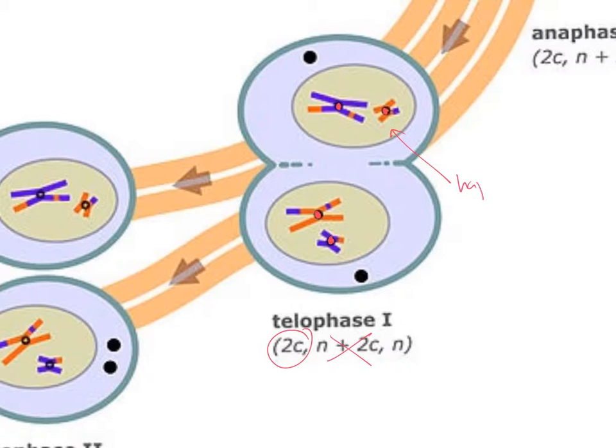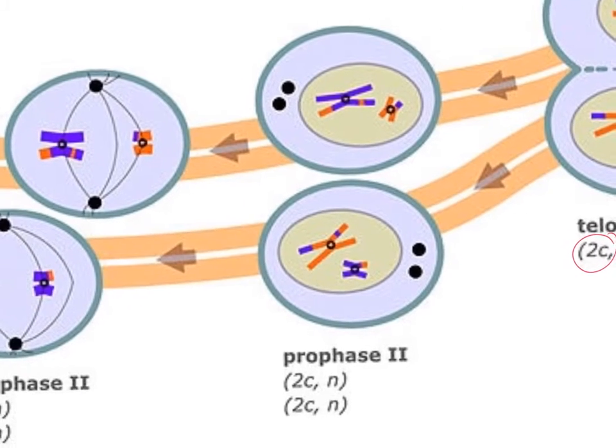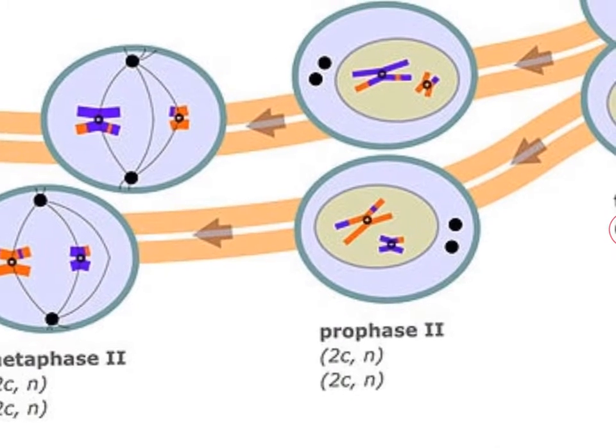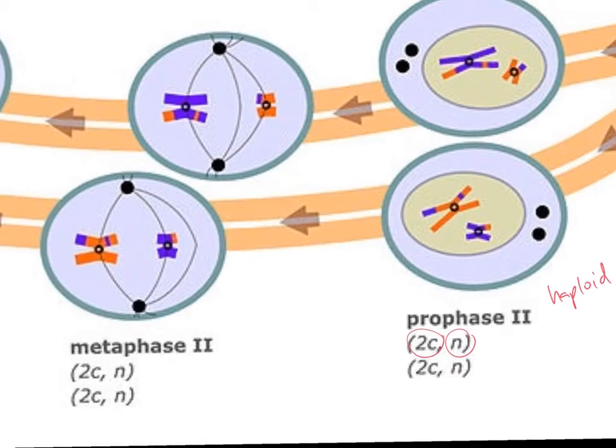This is a haploid, that's why it's N. This is another haploid, also N. Then in prophase 2, each cell will have 2 chromosomes and be haploid, because you divided, and there are 2 centromeres.